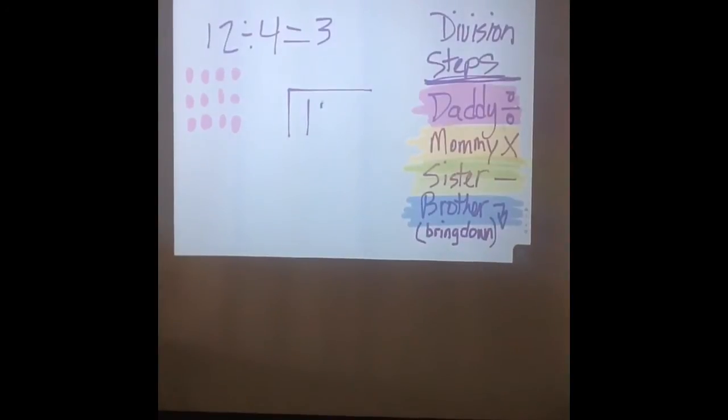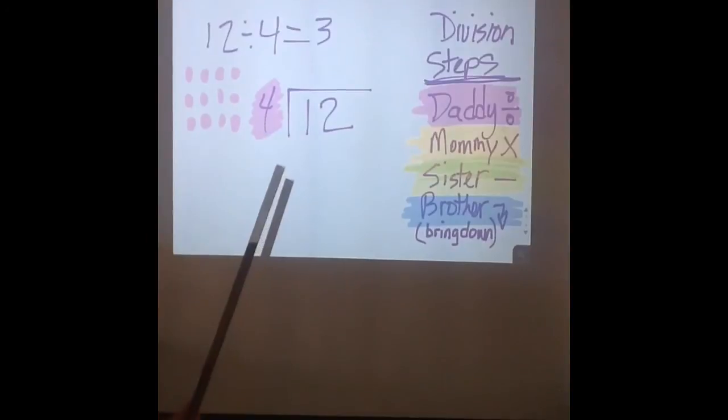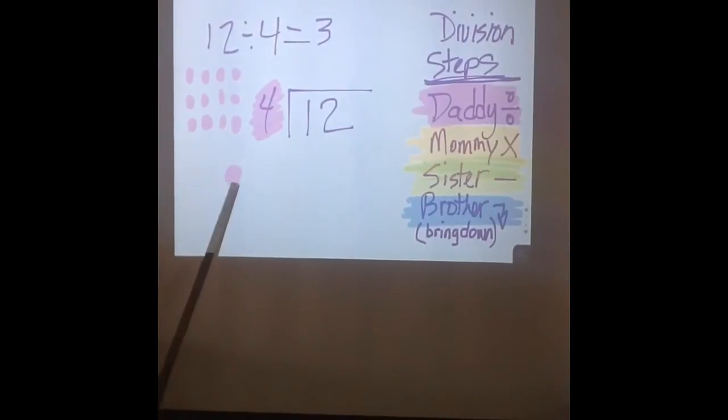So we have our 12 on the inside, and what number goes on the outside? A 4. Okay, so now we're going to ask our Daddy divide question. Now remember, we're counting in groups of 4, right? Now if we had 1 dot out here, see the 1 dot? Can we circle 4 dots right here to make 1 group?